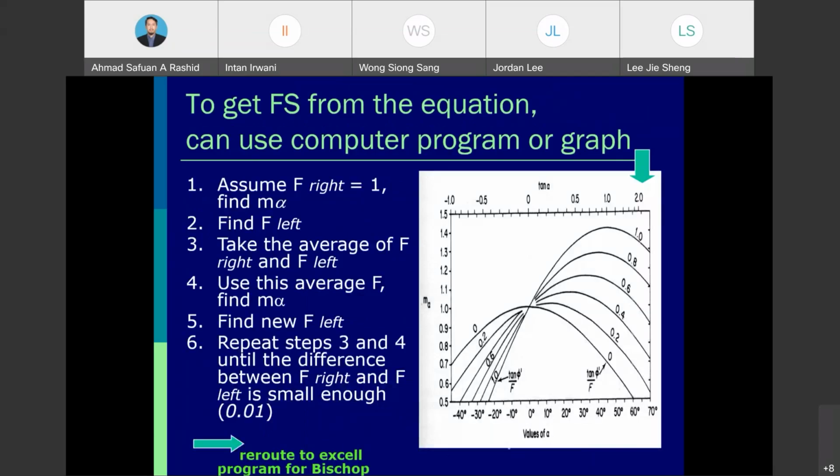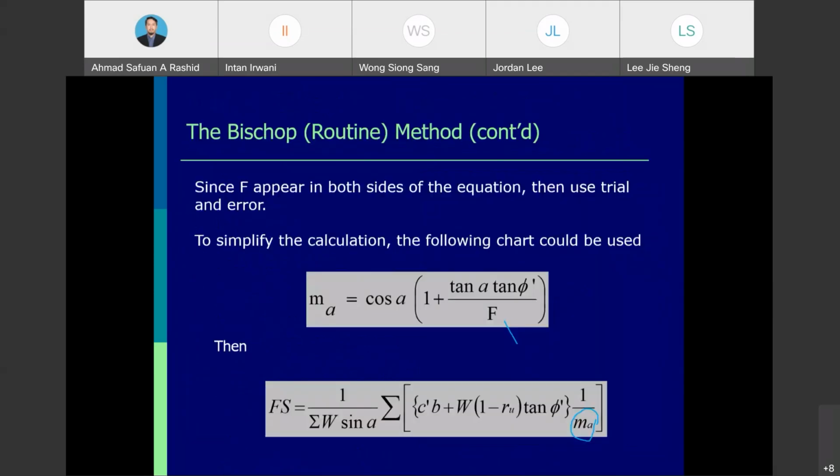It depends on the alpha value. From the alpha value, we refer to the tangent phi over F, by assuming F as a certain value, so then we can get the MA. Then put the MA in the same equation, and then we obtain the Fs.